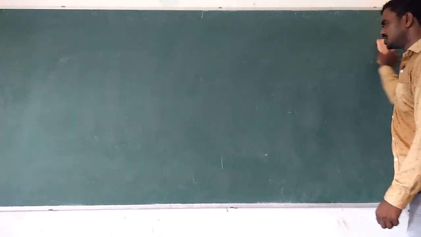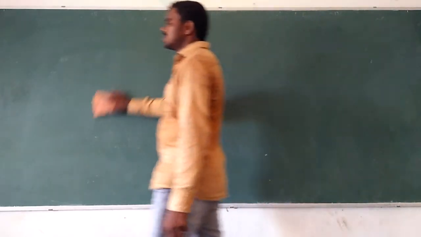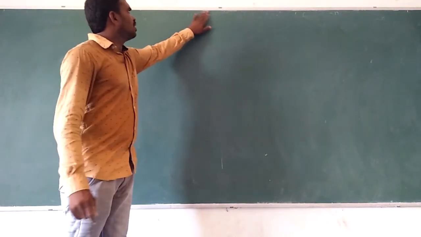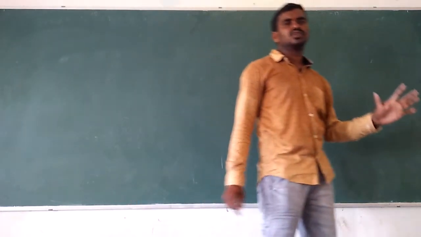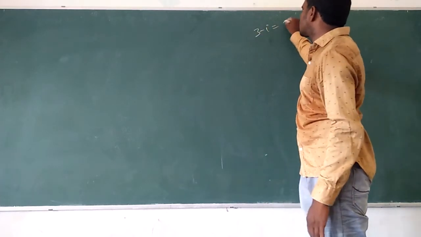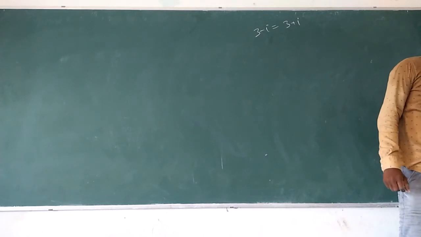What is the complex conjugate of 2 plus 3i? 2 minus 3i. Simply, how to rationalize? In rationalizing we just change the sign. So like that complex conjugate is also the same. Suppose 3 minus i is there. Complex conjugate becomes 3 plus i. So like that, change.